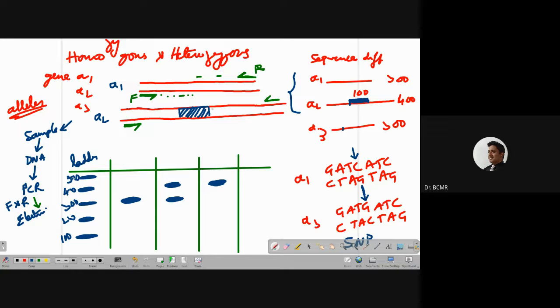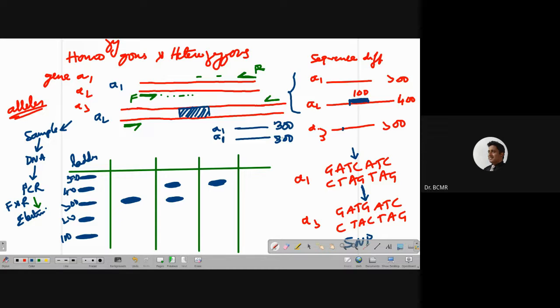If an individual is homozygous for A1, that person will have a DNA of this length. I assume that each is 2 strands. If PCR is performed, one allele will give about 300, and the other one will give 300.